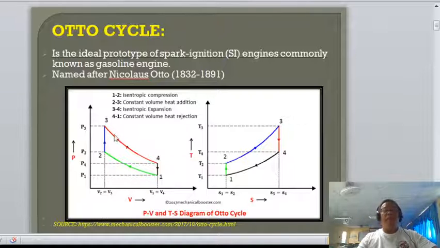And then 2 to 3 is constant volume. Another, 3 to 4, is a straight line or isentropic, and 4 to 1 is the constant volume heat rejection.